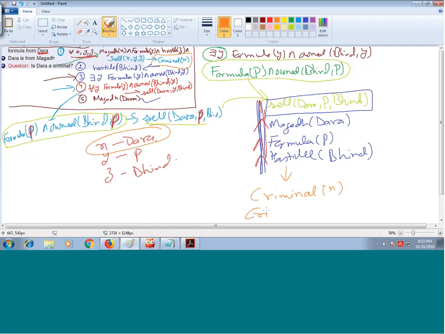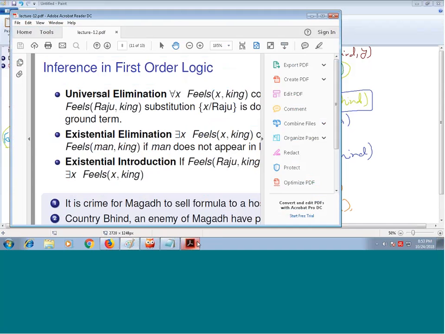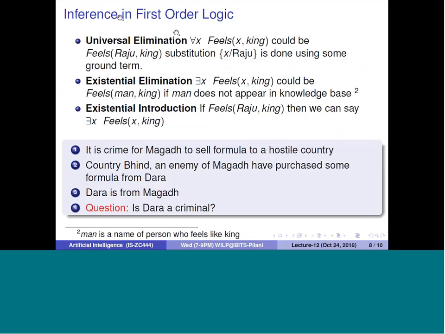So this is how we proved that, given this information, we can apply our logic, find an inference, and say that Dara is criminal. Yes, Dara is criminal. All right, so this was an important step.